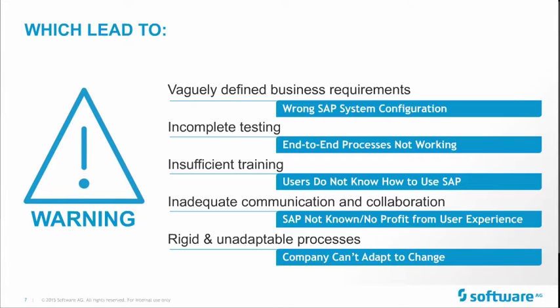Often end users and people you're talking to from business just answer a question with, well, I don't know exactly, maybe that's a bit different if we sell in a different country, but I'm not sure. Well, that's not important. That's exactly the point where you should be very careful, because if you don't know exactly the business requirements that your business has, then you may have the wrong SAP system configuration.